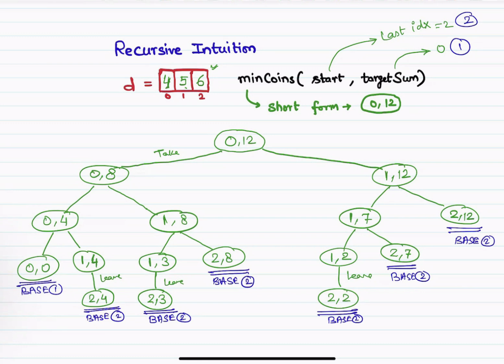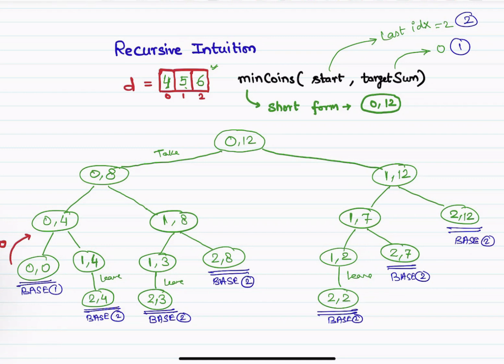Now let's try to come up with the values we should return in base case 1 and in base case 2. Coming to base case 1, the moment the target sum reduces to zero, we should be 100% clear that we have zero coins requirement to make the sum of zero. So this return value is evident.